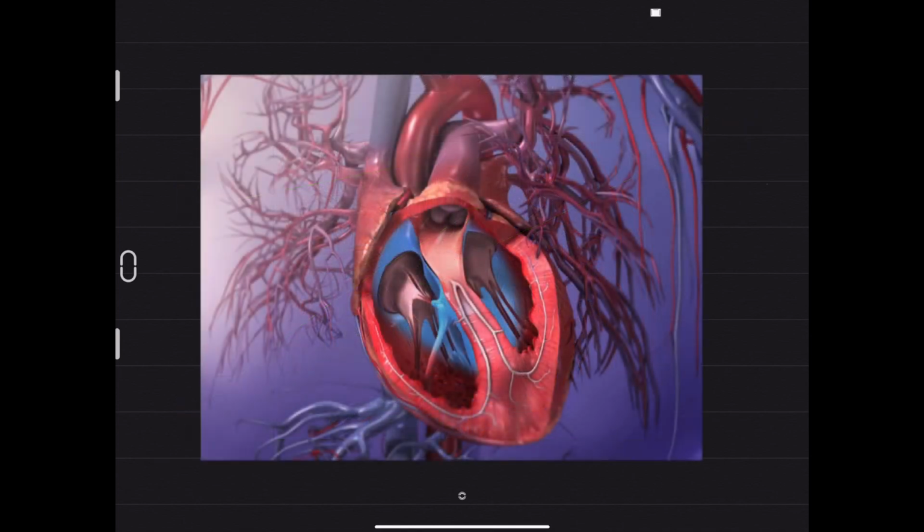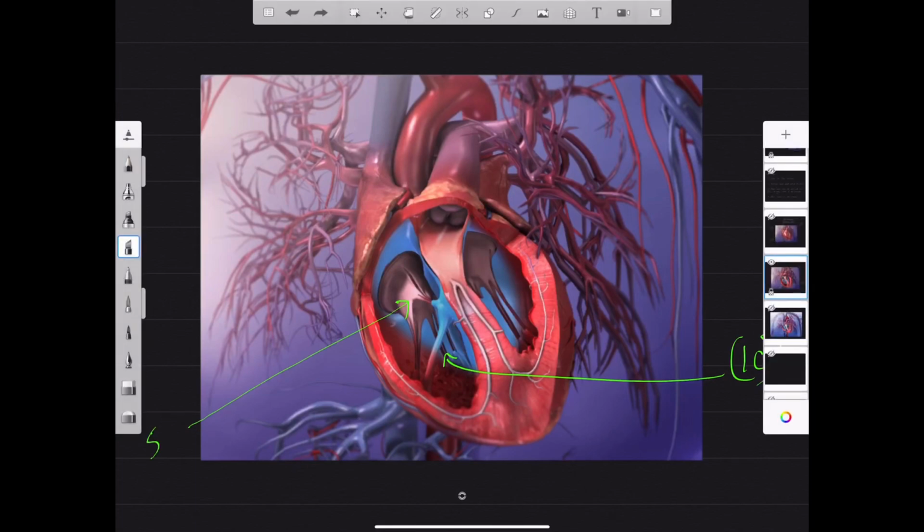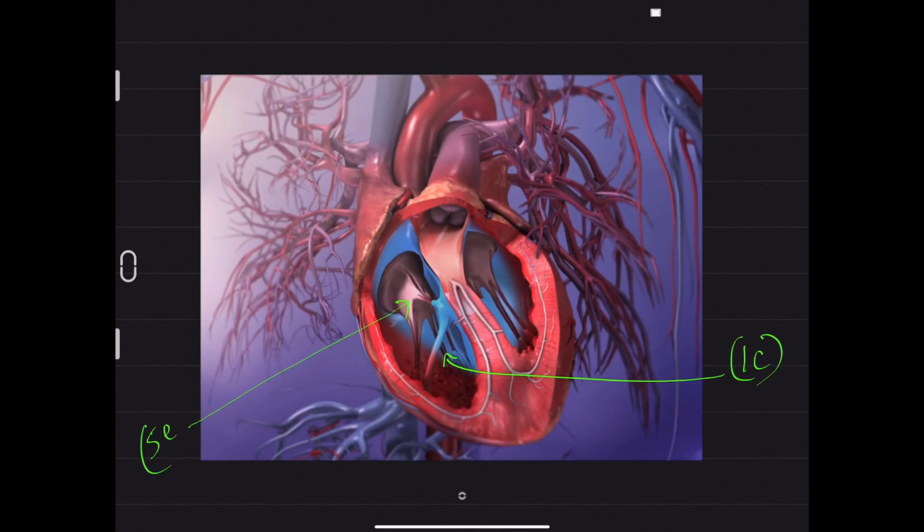Diagram, I want you to identify this region, and we'll call this 1C, and this structure here, we will say 5E, and finally one more on this diagram.